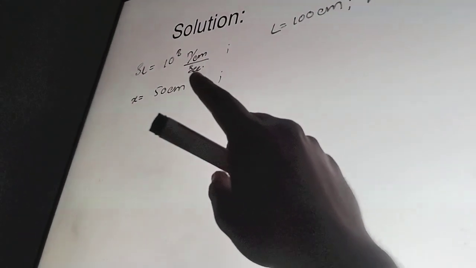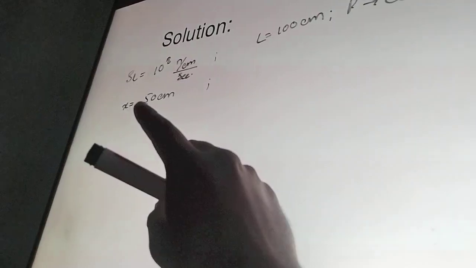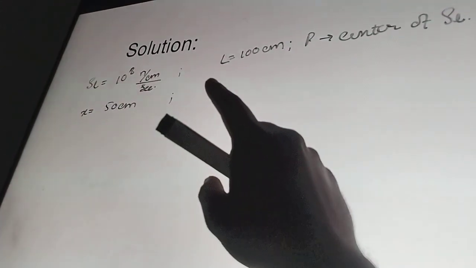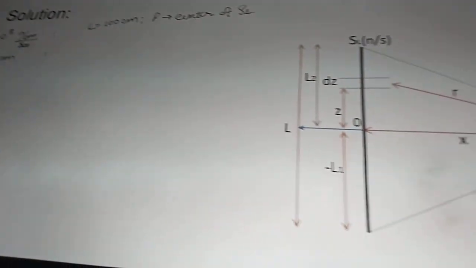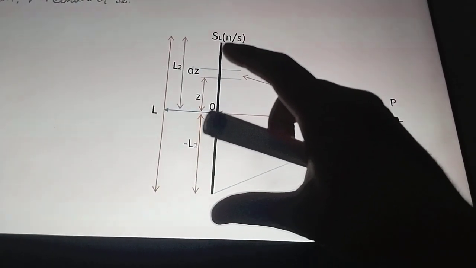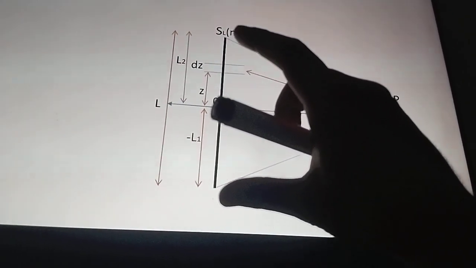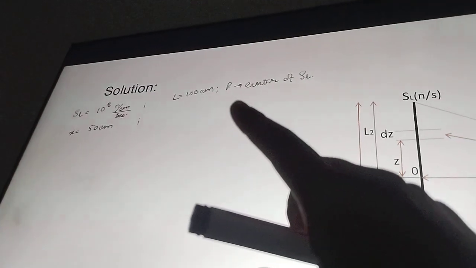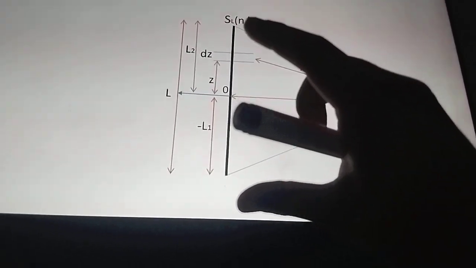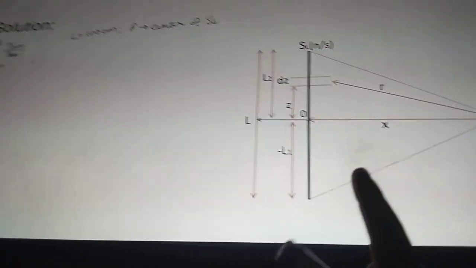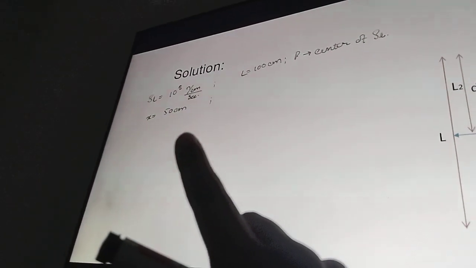Per centimeter length we have a source strength, and this line source has a length of 100 centimeters, and P is located at the center of this line source, with the distance x also given, that is 50 centimeters.